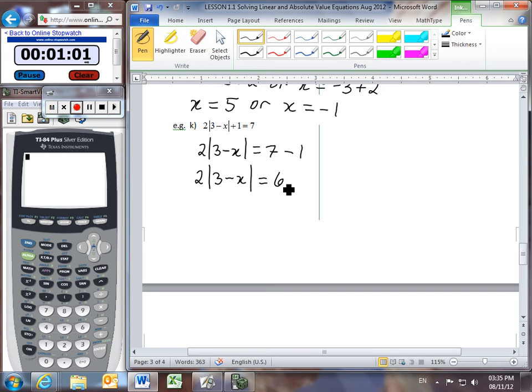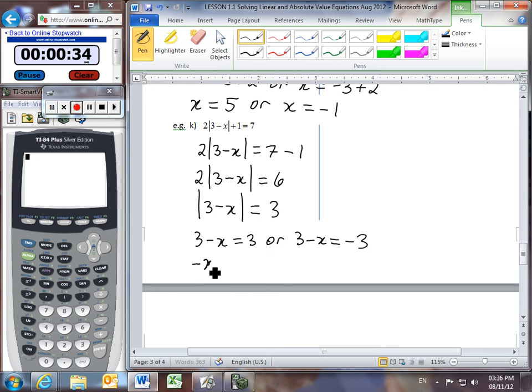Let's divide both sides by 2. And now we've got the absolute value of 3 minus x is equal to 3. Now as we remove the absolute value sign, it splits into 2 cases, so 3 minus x will equal positive 3, or 3 minus x equals negative 3. Let's solve each of these 2 equations.